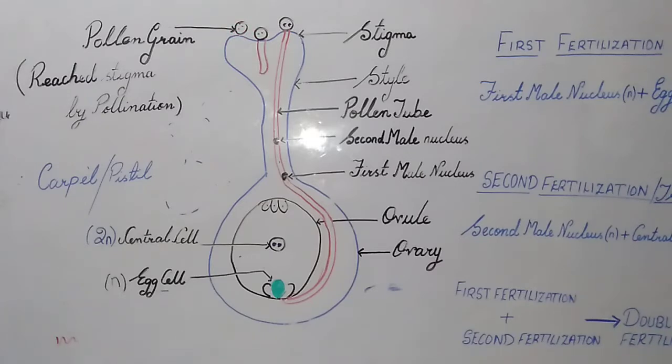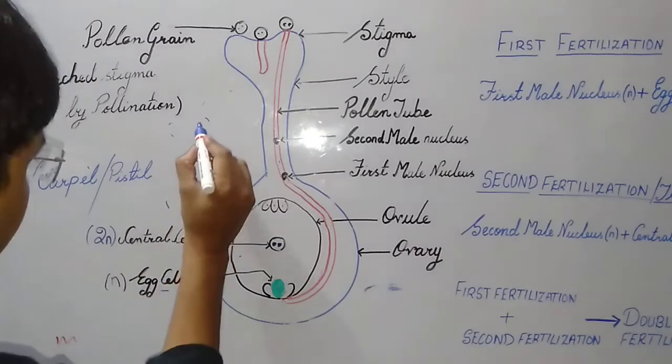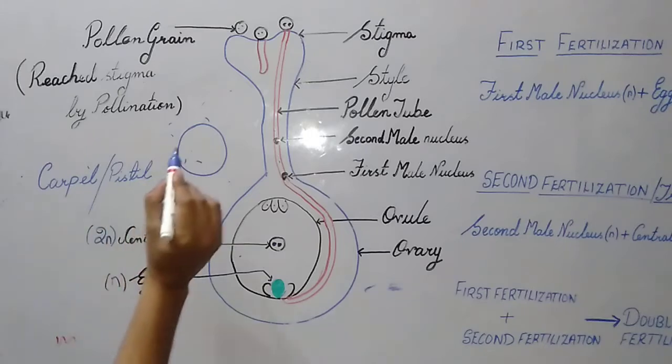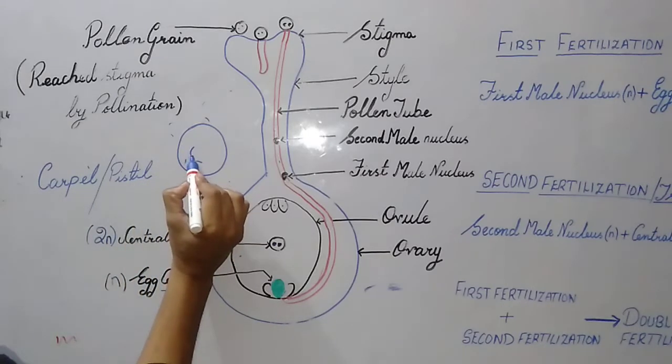By the process of pollination. Now what is there inside this pollen grain? Pollen grain contains two male nuclei inside it.